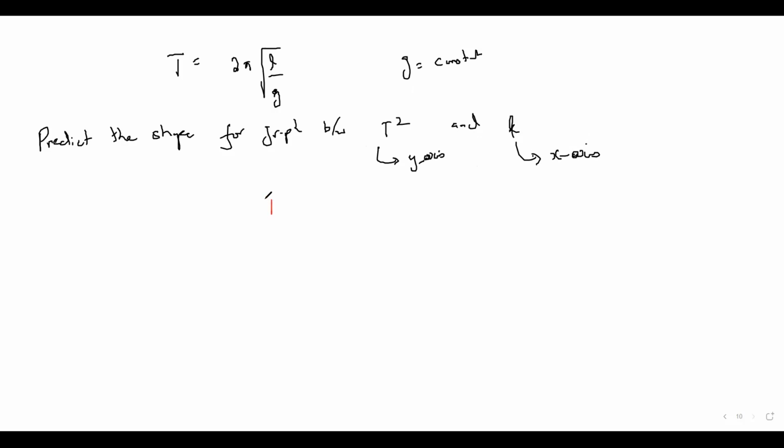According to the equation, we have t equals 2 pi under root L divided by g, and you want a graph for t square and L. So first you have to square, because you have to make the equation for t square. So we will square both sides.